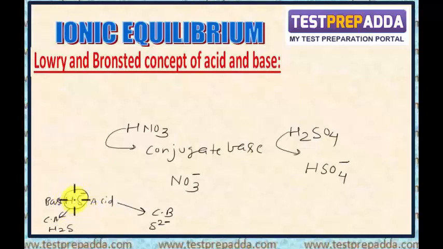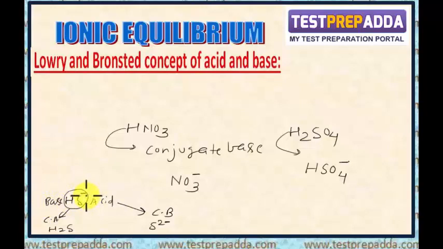Got the idea? So, what is the conclusion here? For HS minus we can write the conjugate base as well as the conjugate acid. So HS minus behaves both as an acid as well as a base.